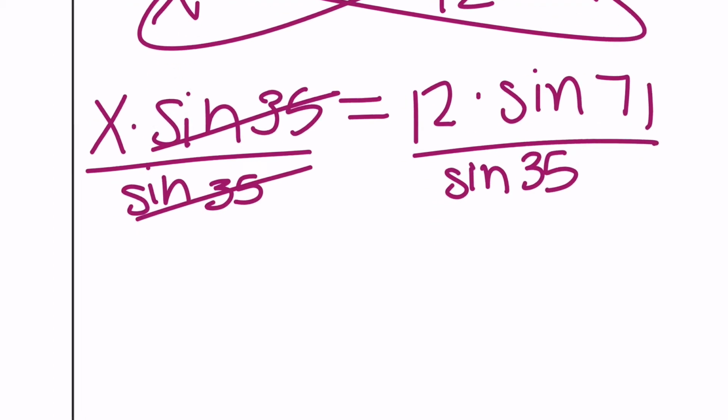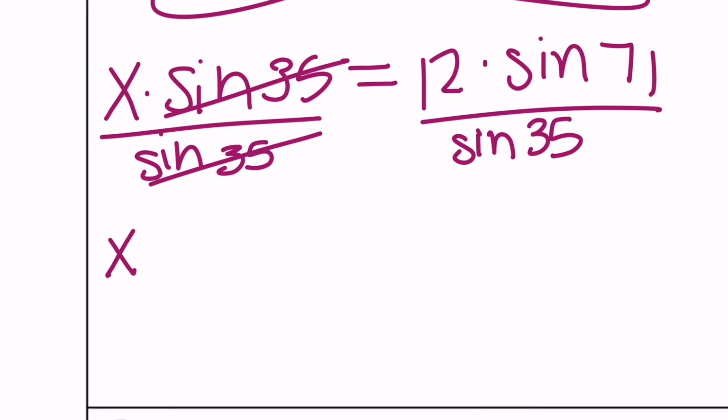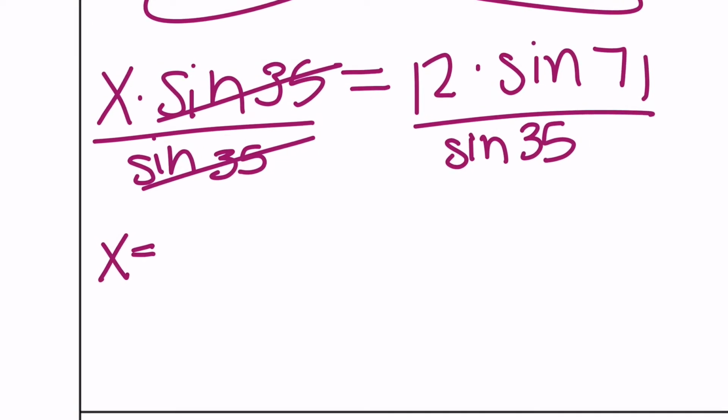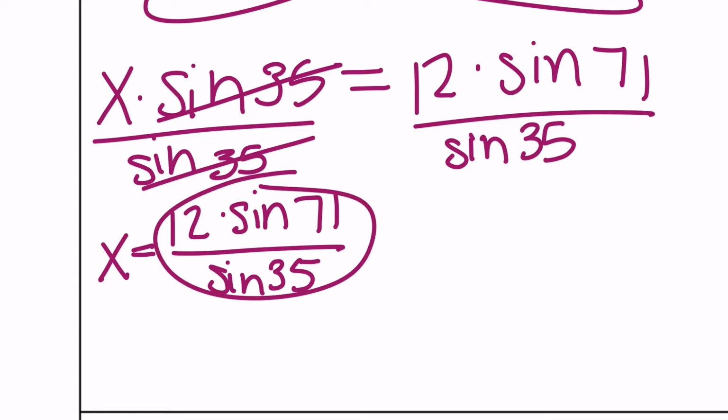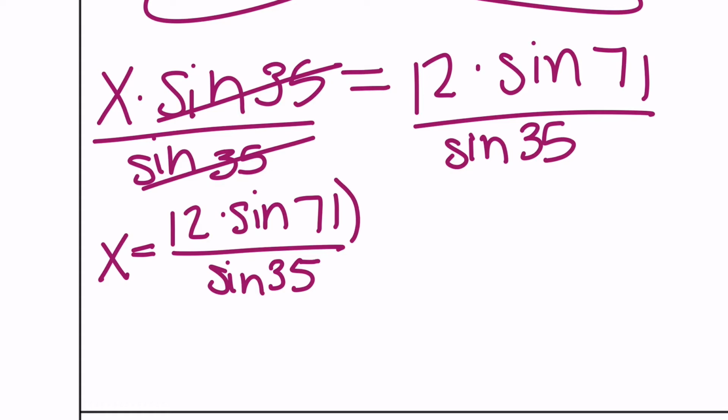That's going to cancel those out, leaving me with x equal to 12 times the sine of 71 over the sine of 35. Now all I do is put this in my calculator. Do it exactly like this. Just make sure you put parentheses around 12 times the sine of 71.